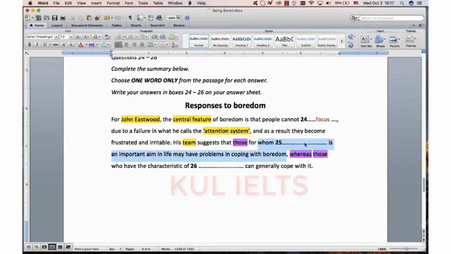An important aim in life may have problems. The people who have this aim in their life have problems. That's negative. However, the contrast, those who have this positive thing can cope. Cope means to deal, to manage. So that might help you a little bit to find what we're looking for. A negative thing compared to a positive thing.